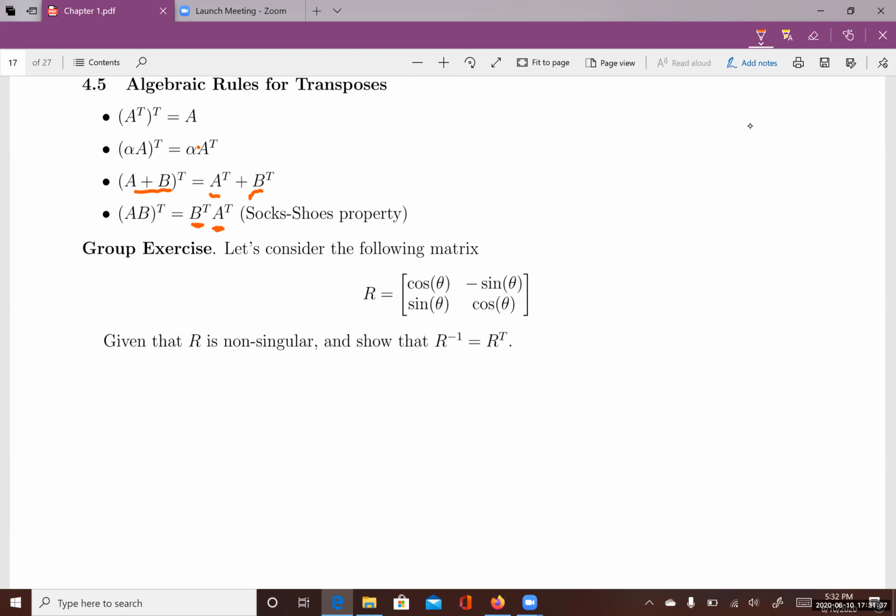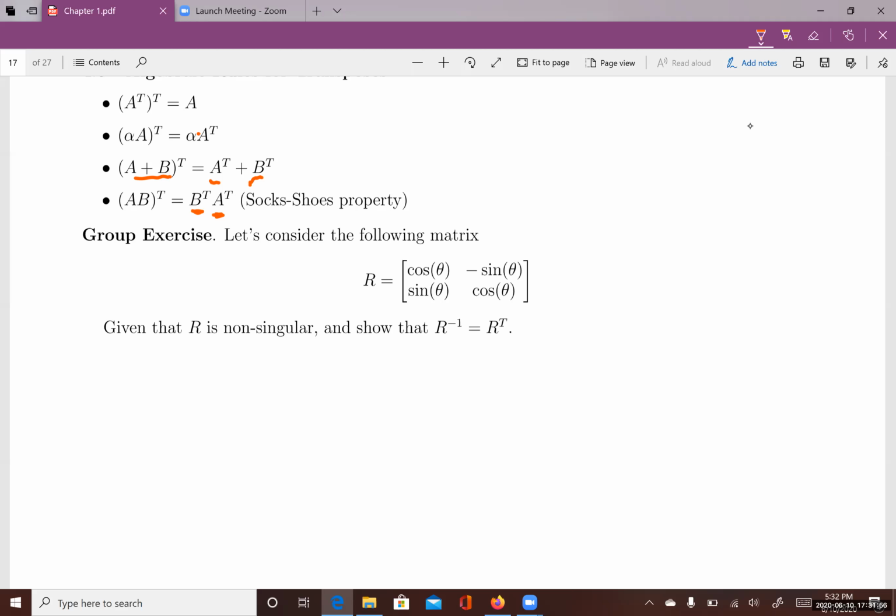In fact, you will see this matrix again in the application sections, where you learn about how to rotate some shapes using matrices, and you're going to use this matrix here. But for now, you're given that this matrix is non-singular. That means R inverse exists. You want to show that R inverse is the same as R transpose.